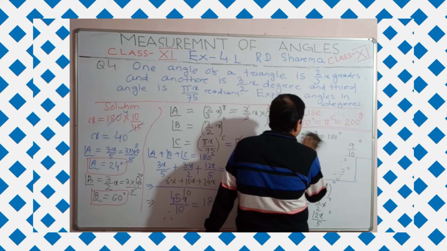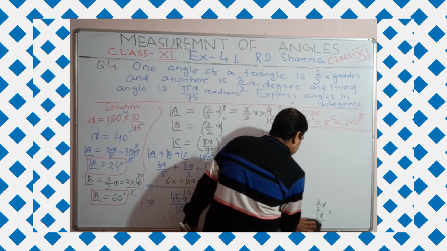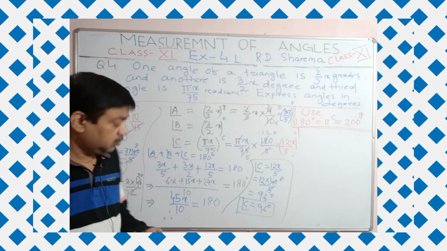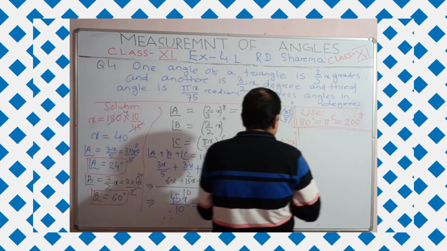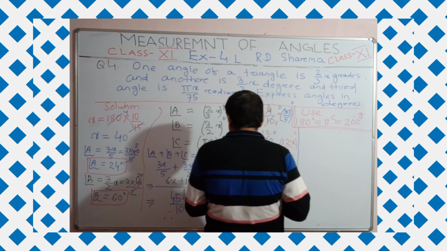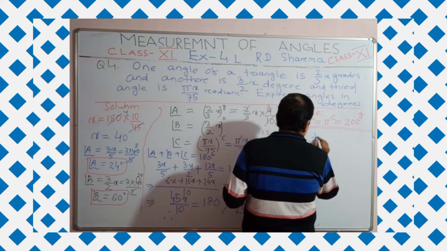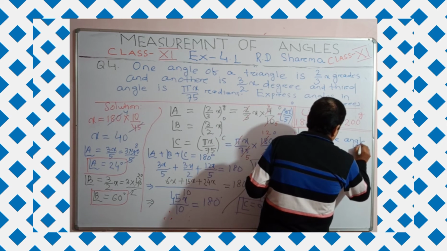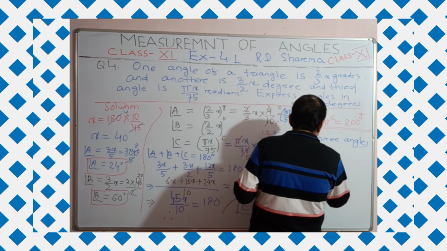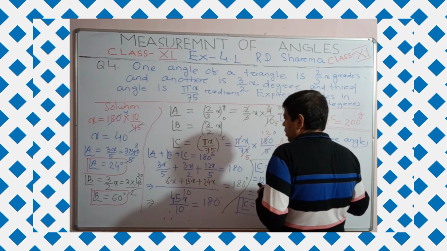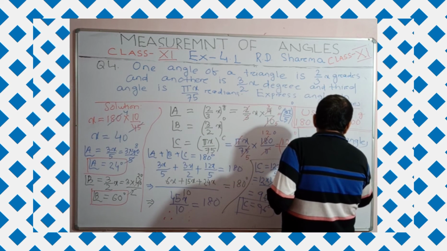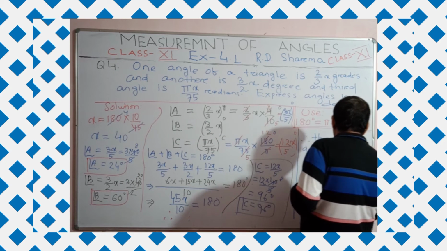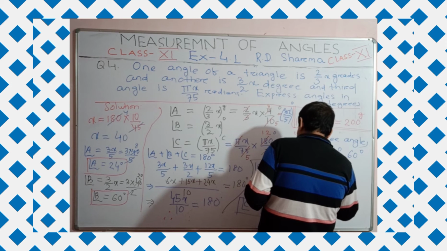Here you can write: the three angles are one is 24 degree, another is 60 degree, and the third angle is 96 degree.